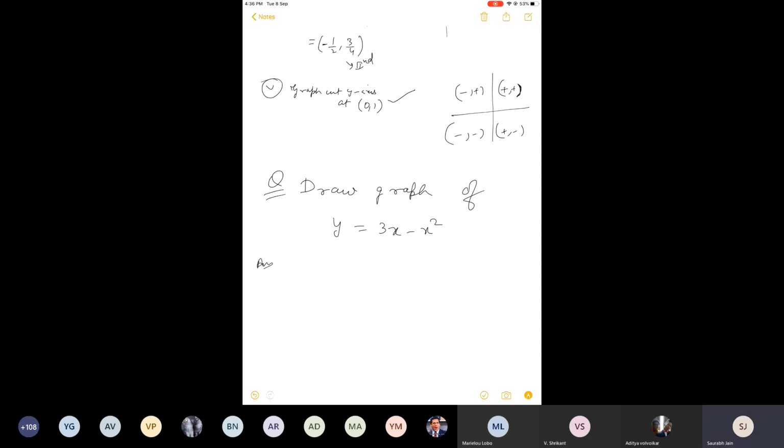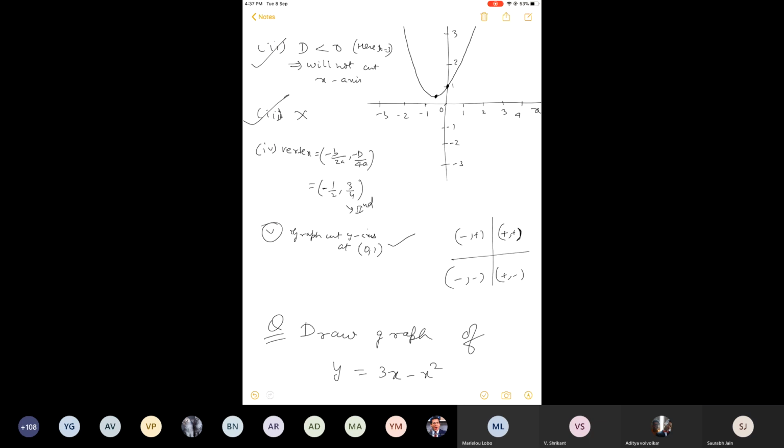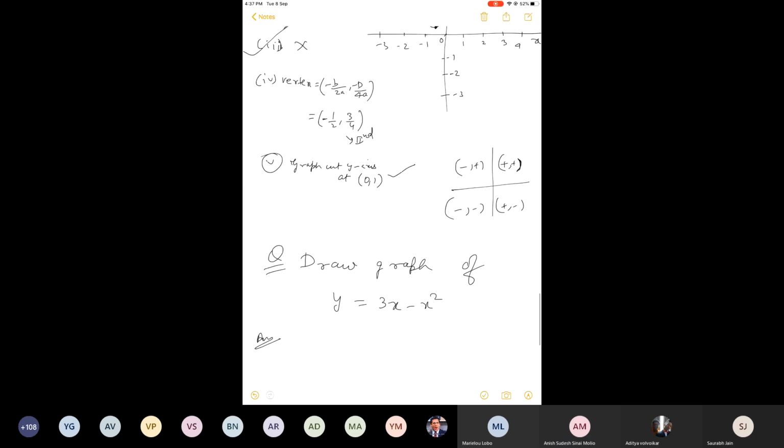Can you please scroll up a bit? Done, sir. Thank you. Okay. Draw the next graph, y equals 3x minus x square.